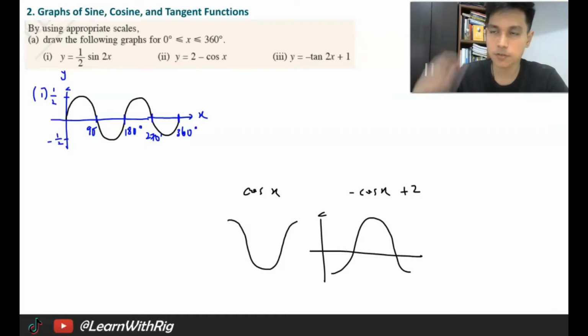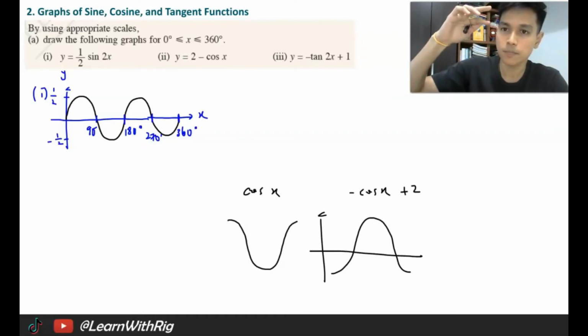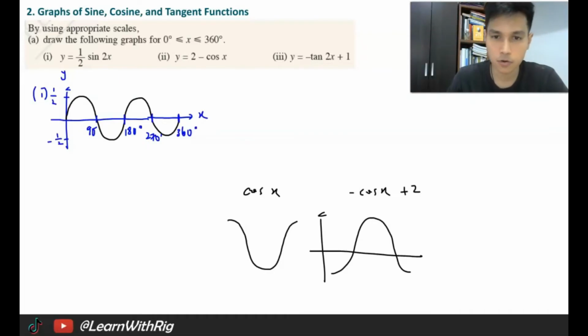Positive 2. So originally it's like this. Now you're going to shift the graph to the top by 2 units. Originally it's here 0, here negative 1, here is 1. So you're going to plus 2 for each of them. So negative 1 will end up at 1, and then the 0 plus 2 you end up at 2.